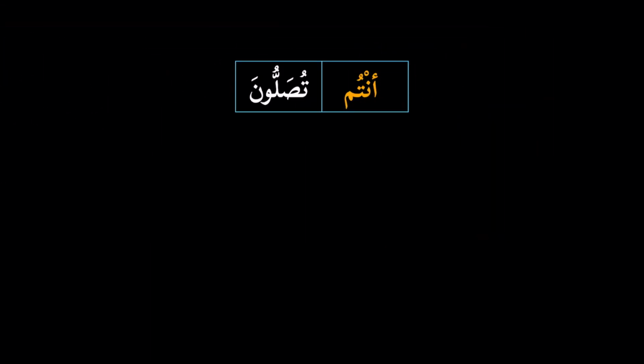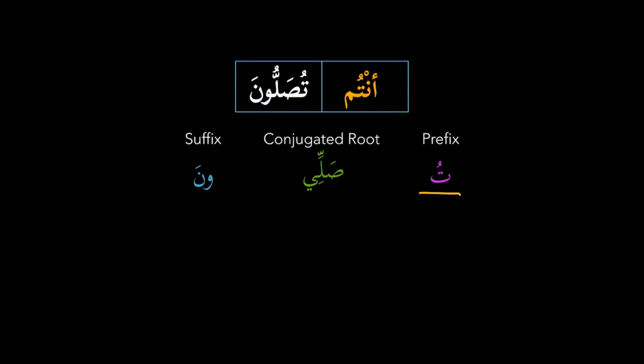Let's go over entum tusalluna. So if we break this conjugation down into the prefix, the conjugated root, and the suffix, we have the ta maftuha for entum, we have salli and una as the suffix. If we were to combine all these together, we would end up with entum tusalliyuna.